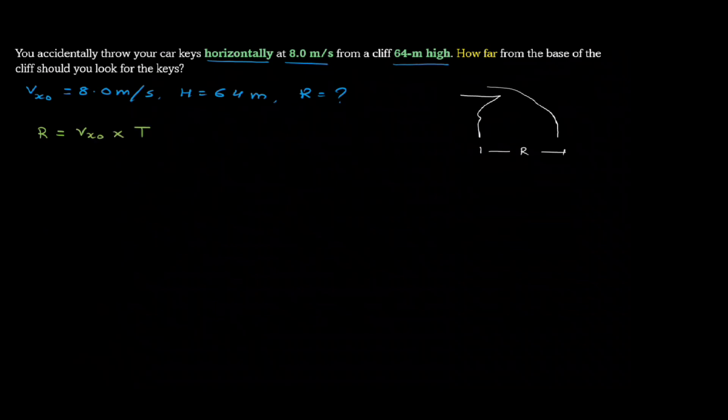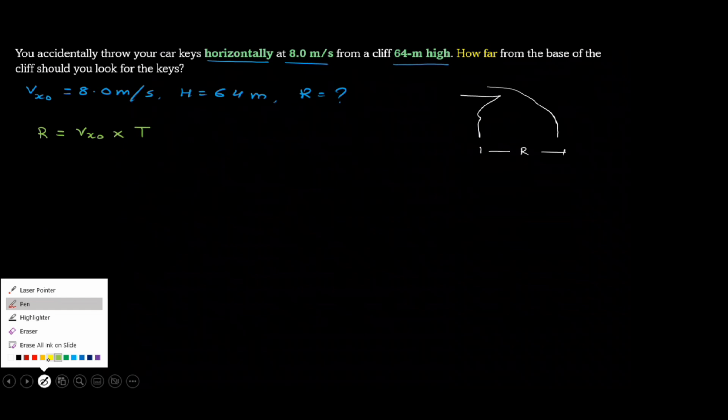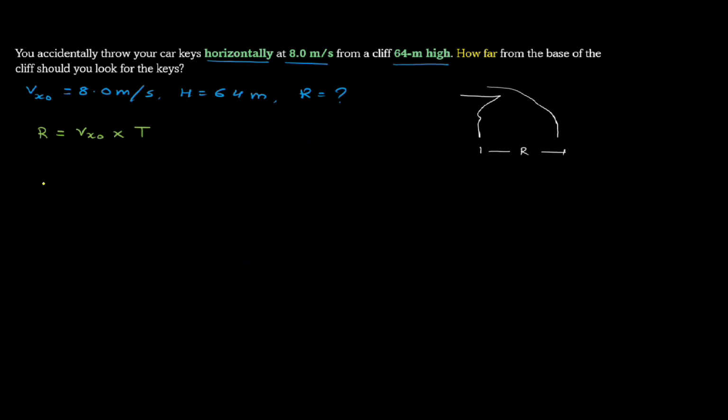So if I can find the time t, the total time of flight, I can find the value of range. Total time of flight, as discussed in the previous problem, we can directly calculate by taking t as square root 2h over g, where h is the height of the cliff and g is the acceleration due to gravity. So let us first find what is t.